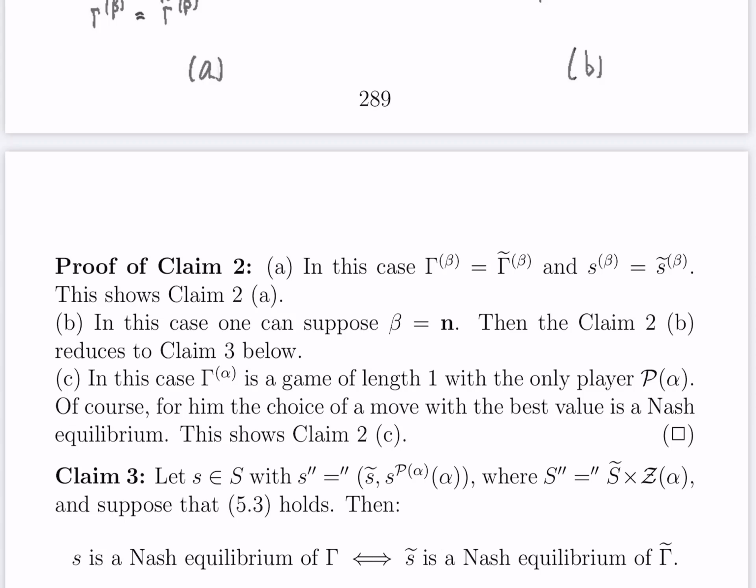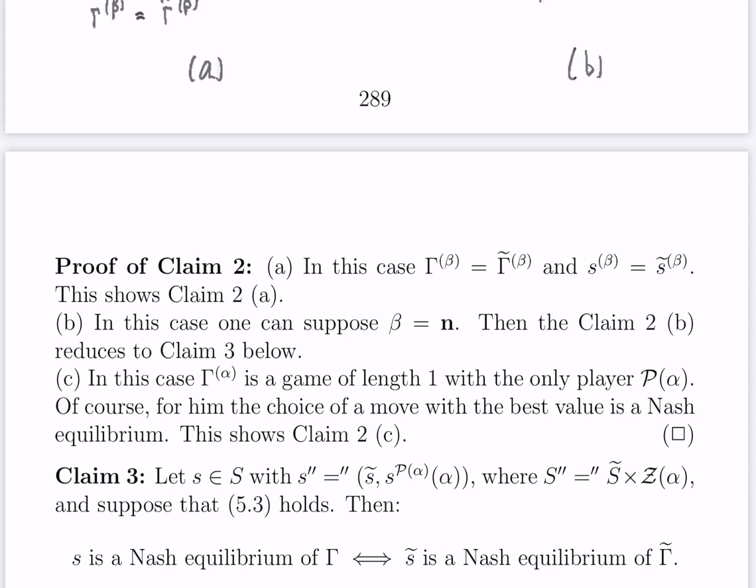So in this case, gamma beta is equal to gamma alpha, and this is a game of length 1. And there's only one player, there's only one non-final play. And the associated game in normal form consists just of the moves which she can do and the utility values which she obtains after each of these moves. And then it's clear that an optimal move is just a Nash equilibrium.